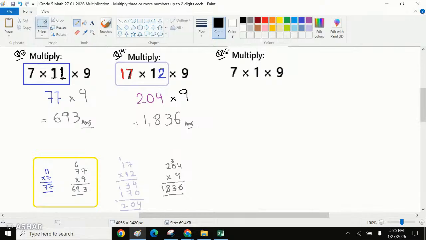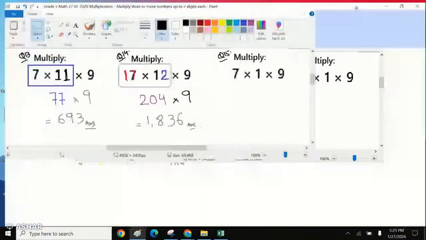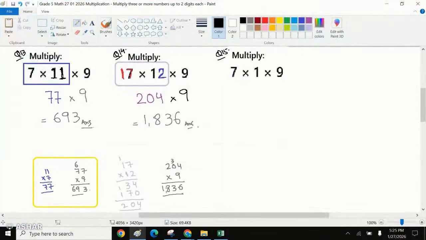But let's suppose we change the next question and all three numbers are bigger. If I said this was 17, this was 15, it would be a very big number because there is 9 at the end, and we can make this 92.